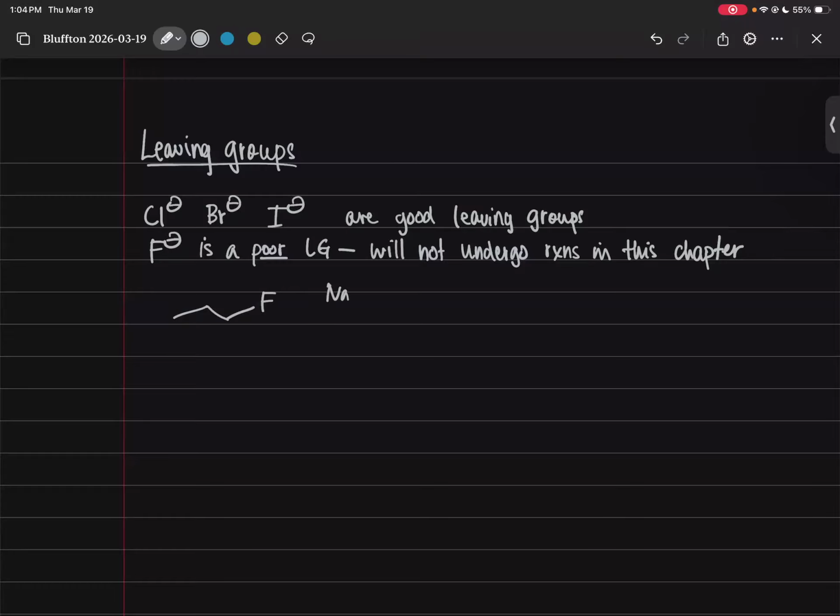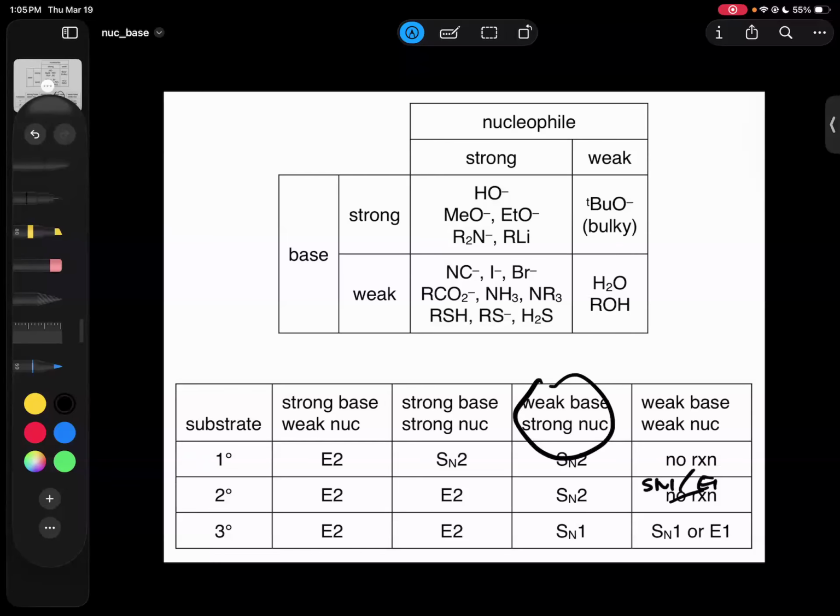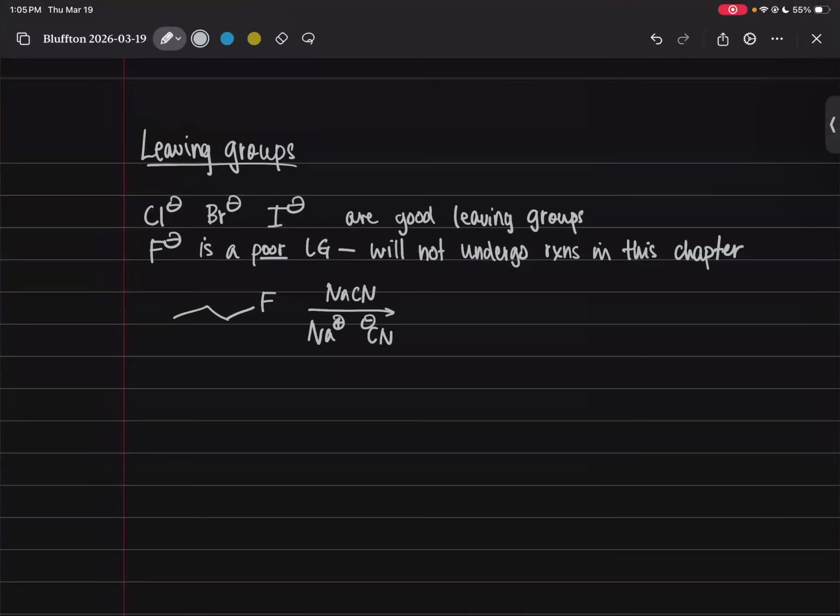So if I write something like this, you might say, oh, okay, well, we have sodium cyanide, which is Na plus and CN minus. Okay, so CN minus is a weak base strong nucleophile, so that's here. And we have a primary alkyl halide.